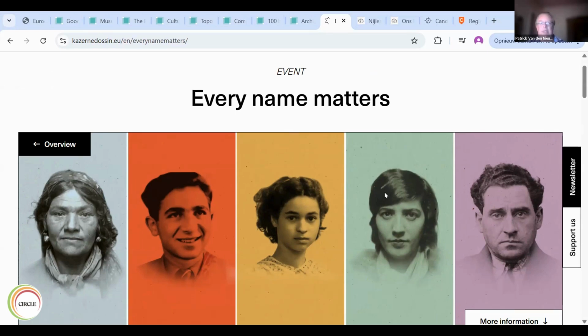The museum now is looking for people, and these are not professional people. Everyone can participate in it. They are looking for people that want to tell the story of one person.